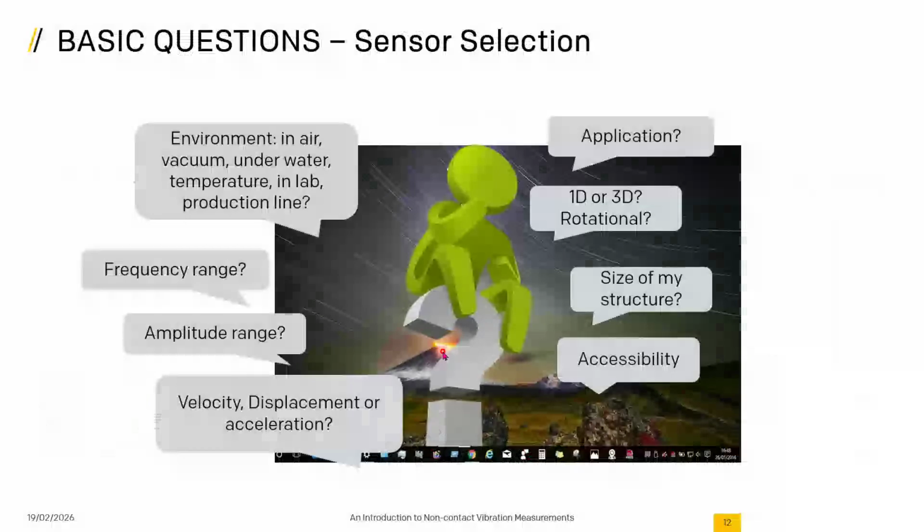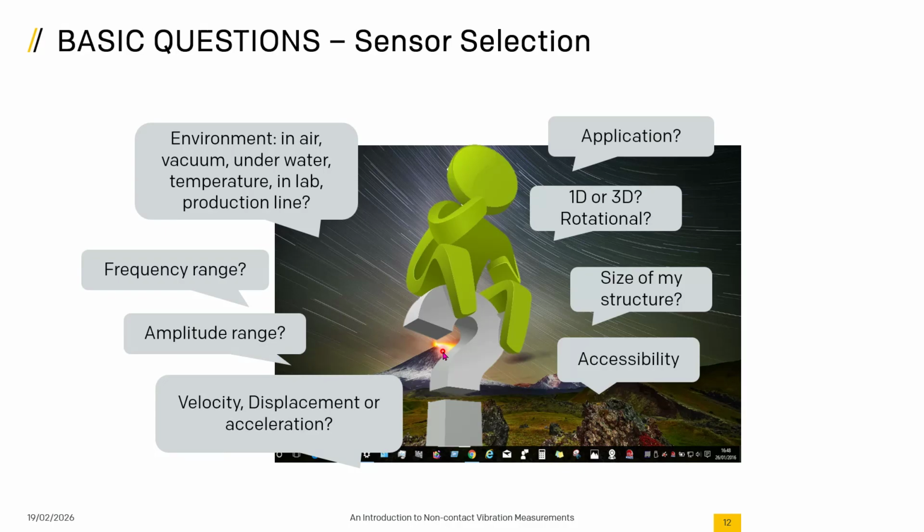When it comes to sensor selection, these are some of the questions you want to start off with, and that will help you determine what sensor is best for your application. Application is absolutely first and foremost. What is my application? What do I need? Do I need velocity, displacement, acceleration? What's my frequency range? What kind of vibration am I after? Is it linear? Is it rotational? What's the structure?